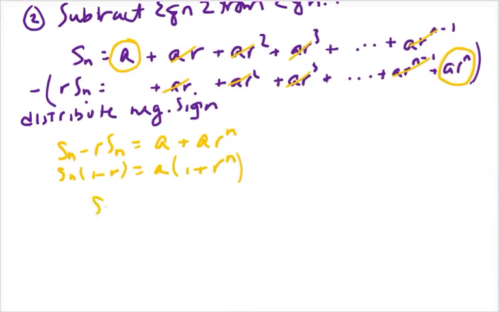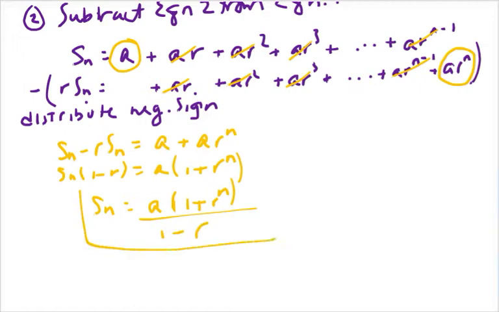Solving for Sn, I get the formula A times 1 plus R to the n over 1 minus R. So this is the explicit formula, which you'll see is important, and what makes the geometric series so nice to work with is that we can actually find this explicit formula.